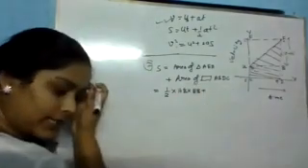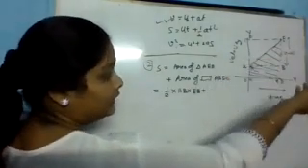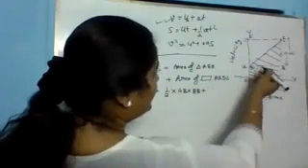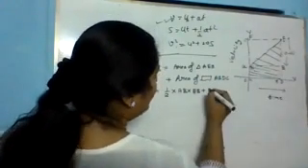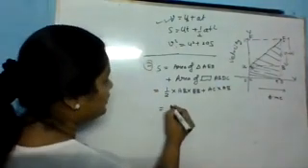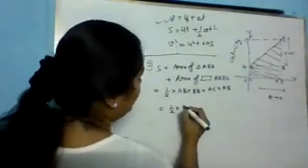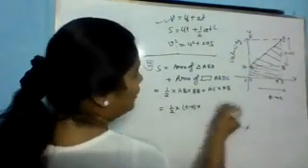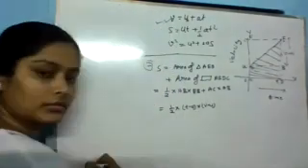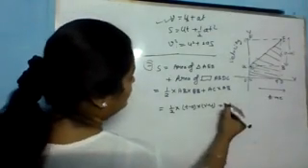Plus area of rectangle. What is the area of a rectangle? Length into breadth. So what is the length here? We can take length as AC into AB, right? So 1/2. What is the value of AB? AB is t minus 0. What is the value of EB? EB is v minus u. What is the value of AC? AC is u.